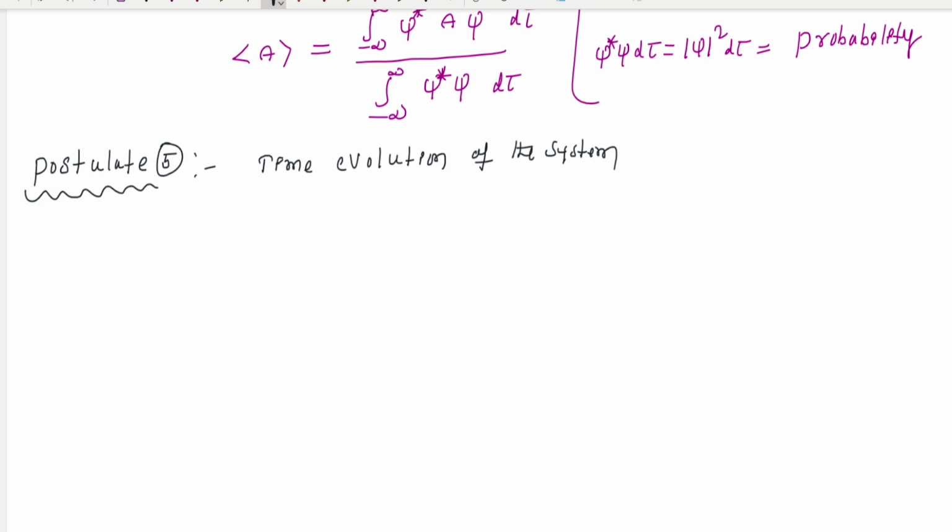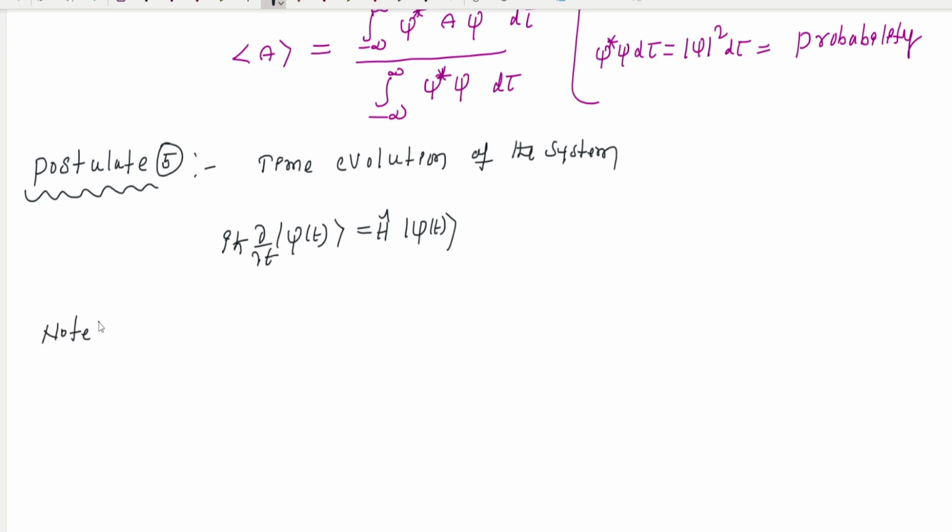The time evolution of the state vector, wave function psi, of a system is governed by the time dependent Schrodinger wave equation. That is i h cross d by dt of the wave function psi. Here the wave function is time dependent. And this is the Schrodinger time dependent wave equation, where H is the Hamiltonian operator corresponding to the total energy of the system.